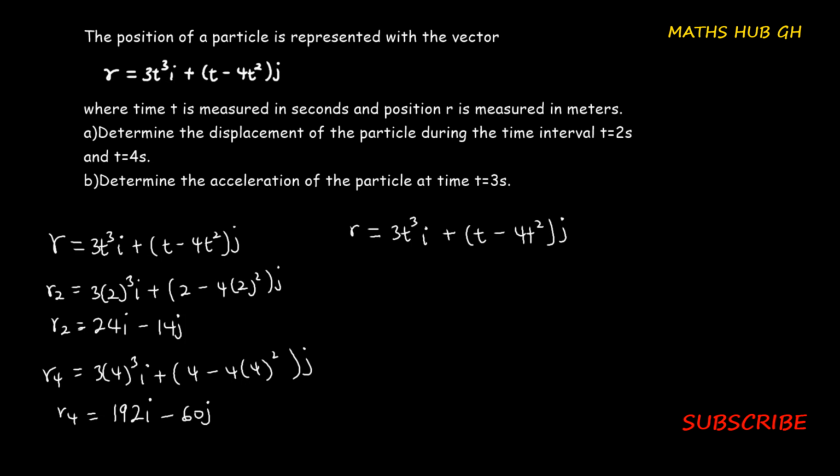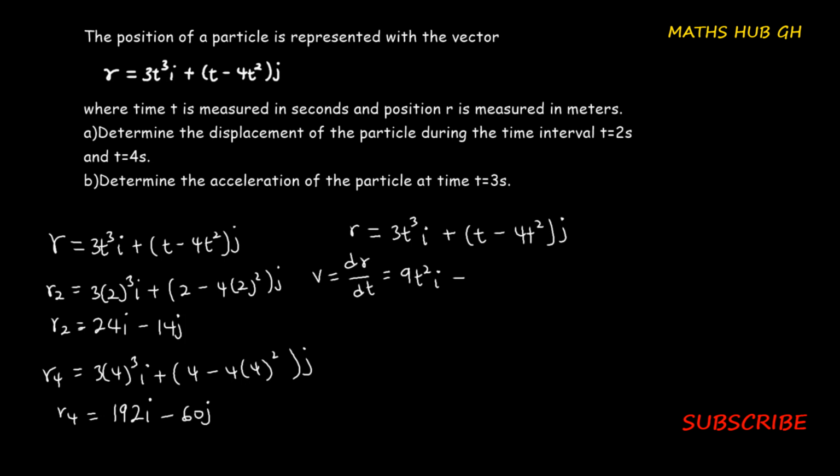So I'm going to differentiate this with respect to time. For the first time, that will give us dr/dt, which is actually giving us the velocity. So I'm going to have 3 times 3, which is 9, and then you're going to have 9t squared i.